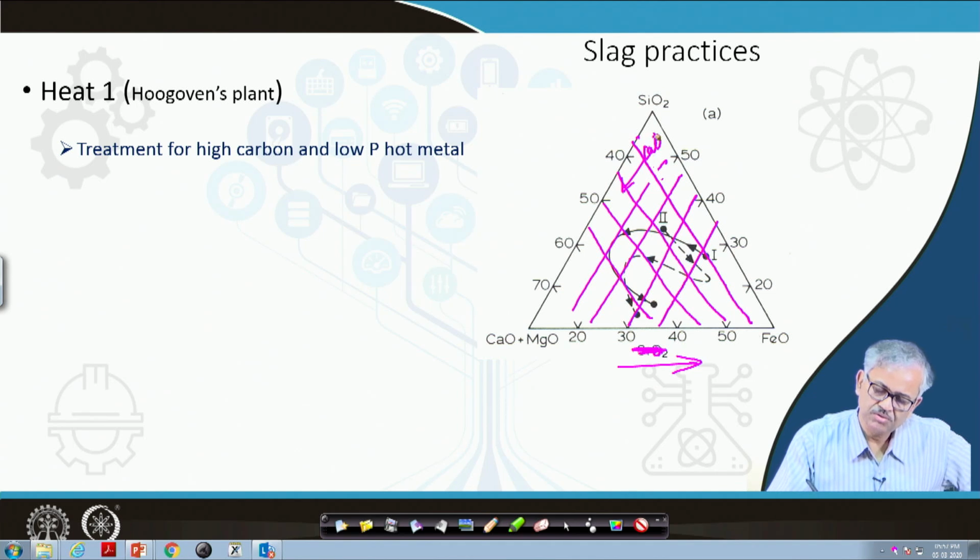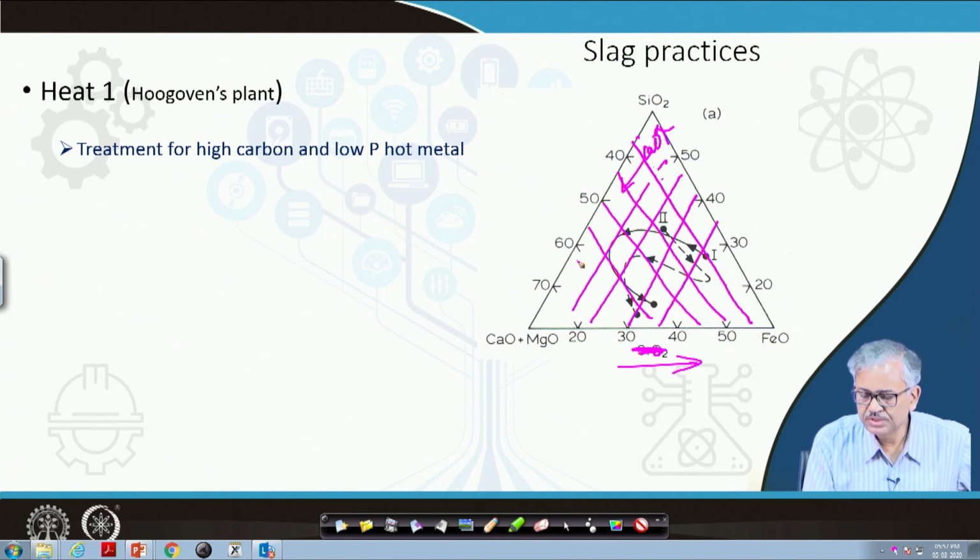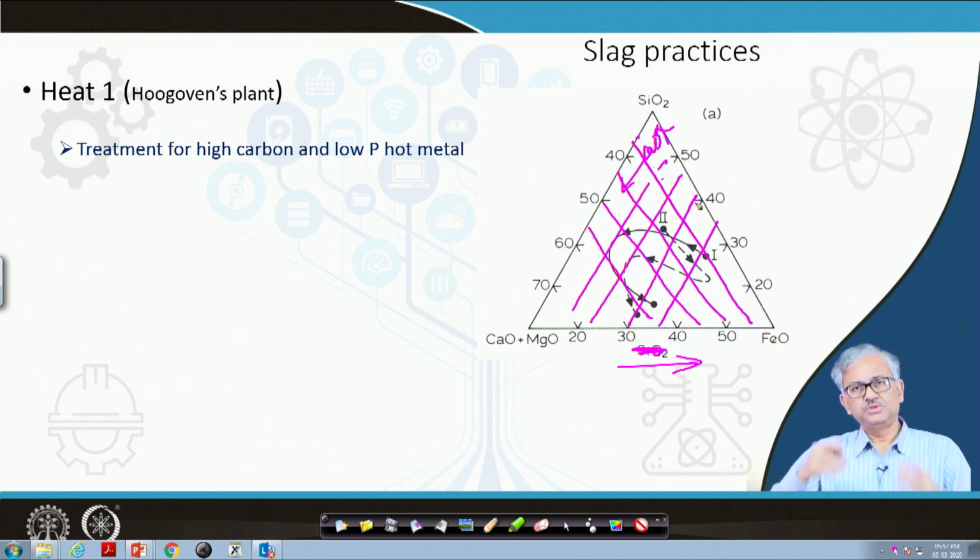So, CO is increasing by this line, and FeO is decreasing in this way. Okay. So, as the process goes on, the CO percentage in the slag increases and your FeO percentage decreases.